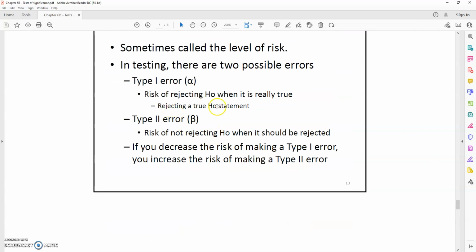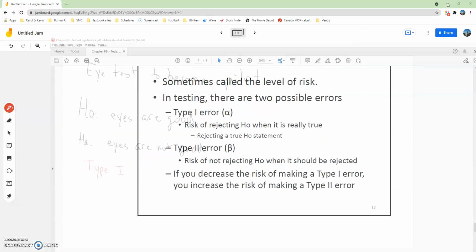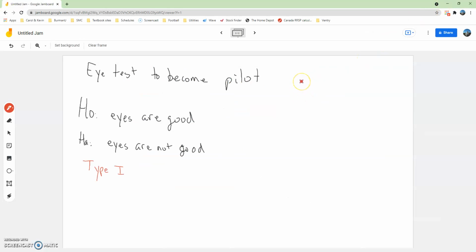Type 1 error, rejecting a true null statement. Of course, if the null hypothesis is true, we don't want to reject it. We want to not reject it.